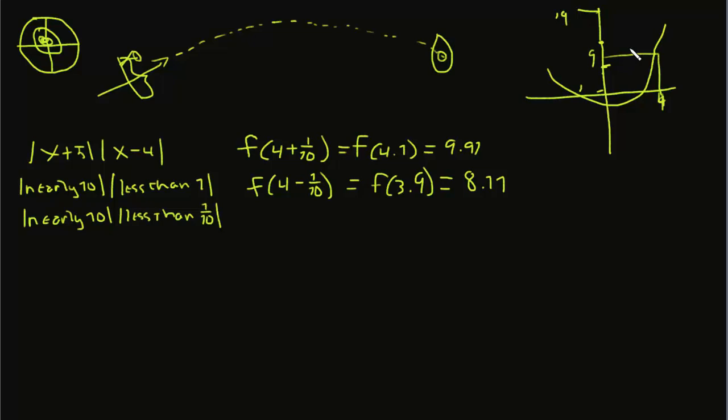We define then the absolute value of x minus 4 is less than delta, which is equal to the minimum of 1 or epsilon over 10, whichever is smaller, to say that the delta has to be less than epsilon over 10 to stay within our chosen error tolerance.